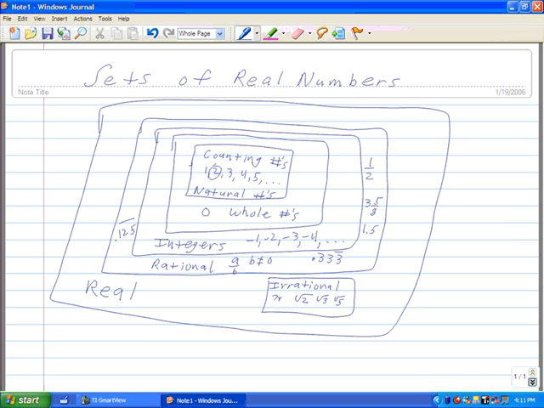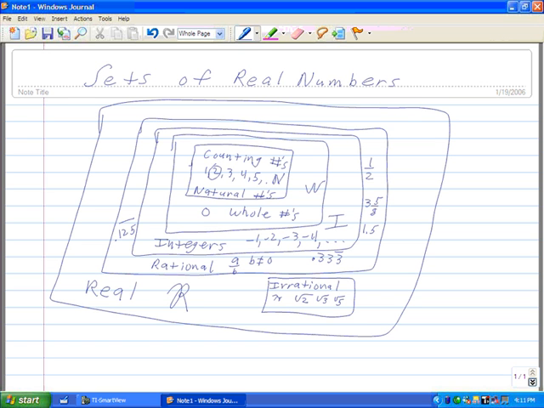Now, each one of these sets have a symbol to go with them. Your real numbers, for example, is typically symbolized by a bold R. Our natural numbers is symbolized by an uppercase N. Our whole numbers is symbolized by a W. Our integers by an I. So far the symbols are pretty obvious as far as what should be used.